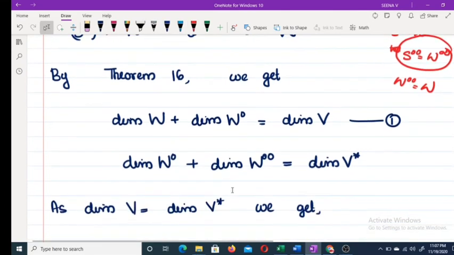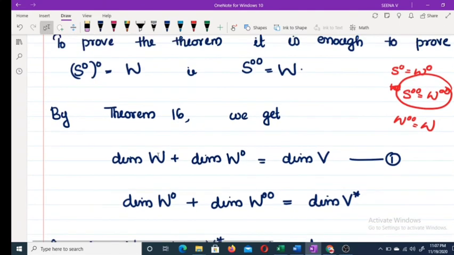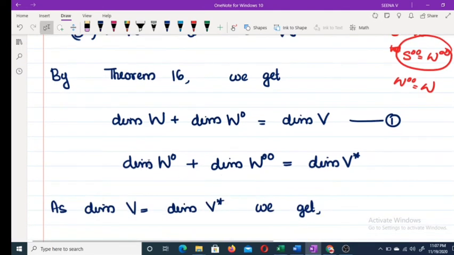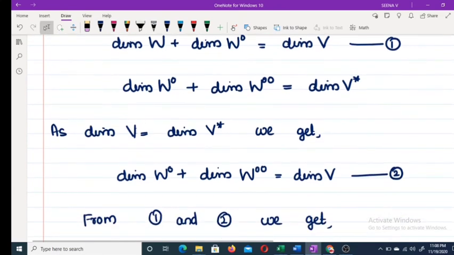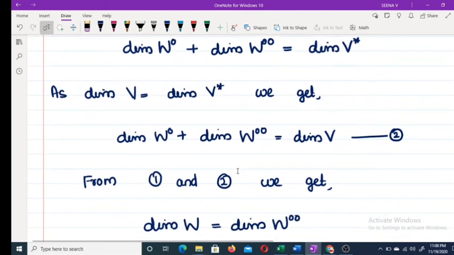Now from the dimension rank theorem, we have theorem 16: dimension of W plus dimension of W naught equal to dimension of V. Same, apply this theorem for W naught: dimension of W naught plus dimension of W double naught is equal to dimension of V star. Here W is a subspace of V and W naught is a subspace of V star. Therefore, as dimension of V equal to dimension of V star, we get this one.